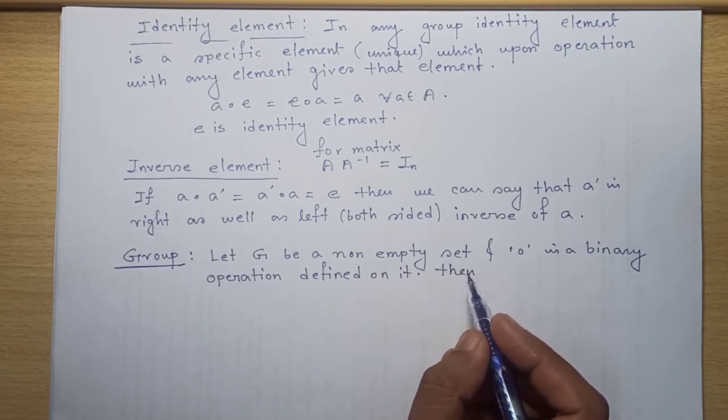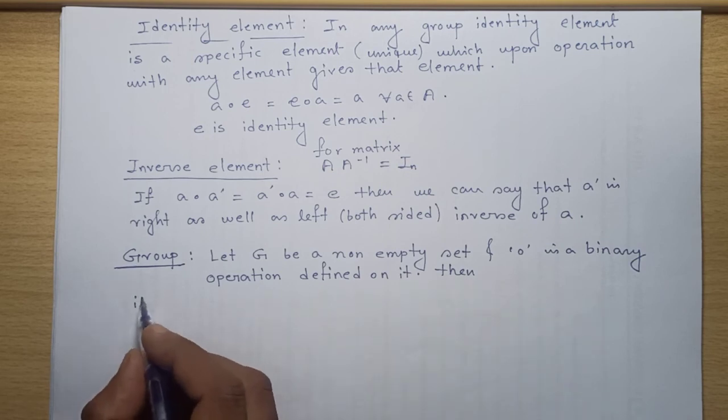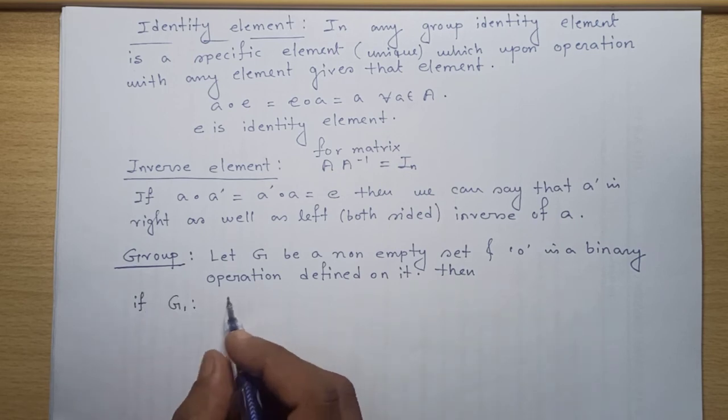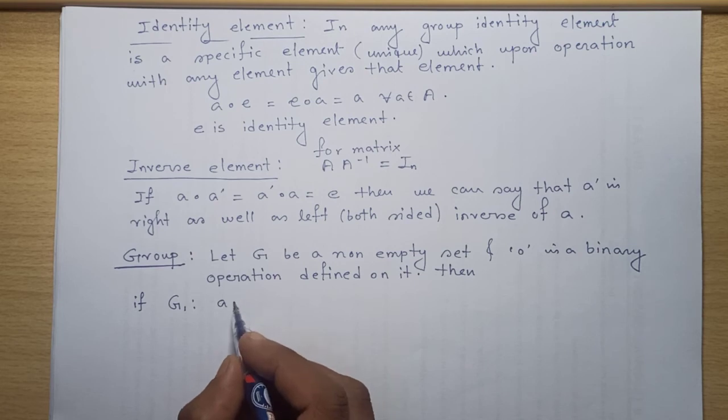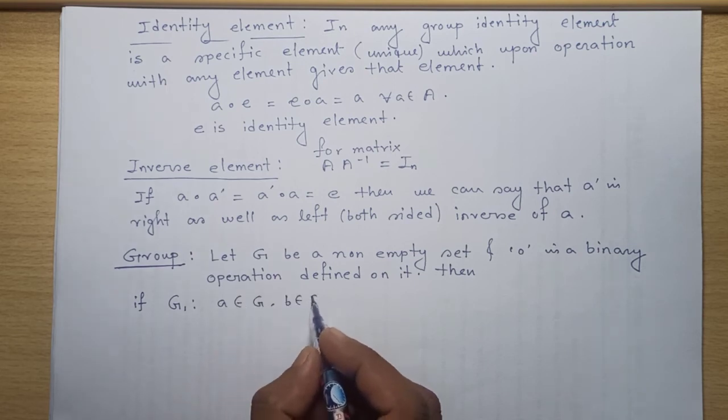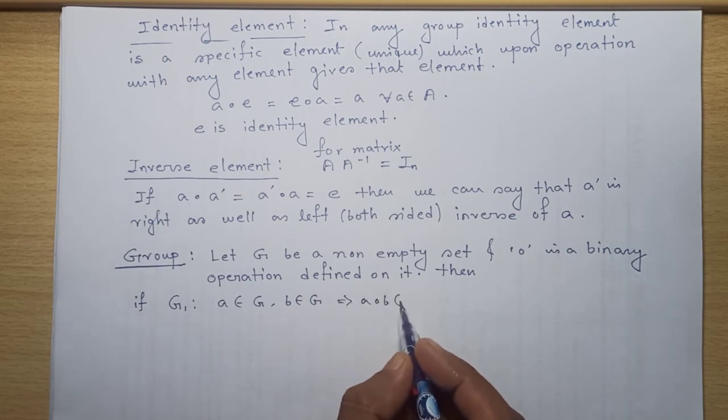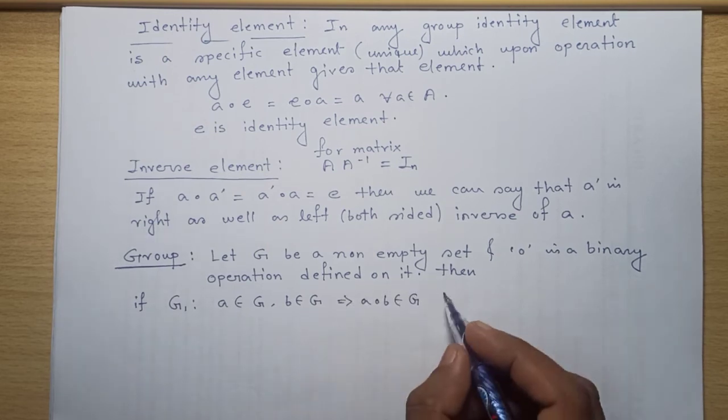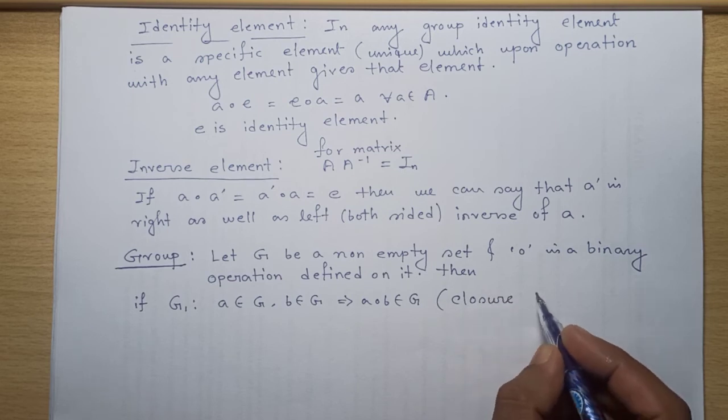Then, if a belongs to G, b belongs to G implies a compose b belongs to G, this is called the closure property.